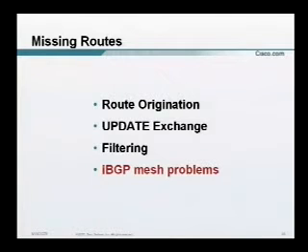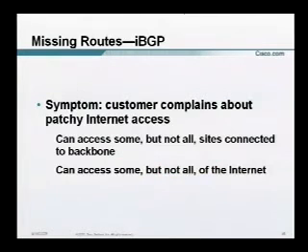Okay, iBGP mesh problems. Well, here's one example. Customer complains about patchy internet access. He can reach some parts of the internet, but not others. Okay, he can get to some of your backbone, but not all of your backbone. He can get to some of the internet, but not all of the internet.